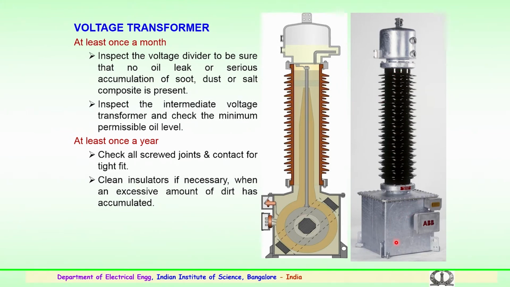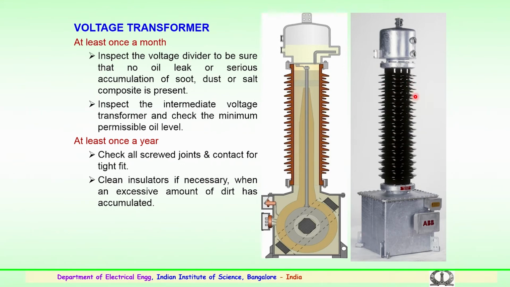At least once a year, check all the joints and contact points to make sure there is no loosening of contacts, and all the associated insulators have to be properly cleaned so that dirt does not accumulate on the insulator surface, which during monsoon conditions could cause discharges because of surface contamination.